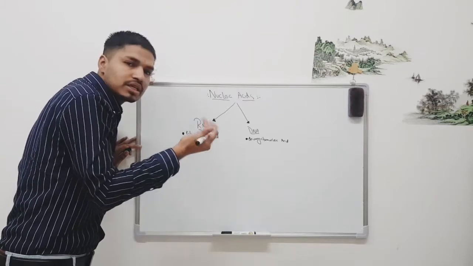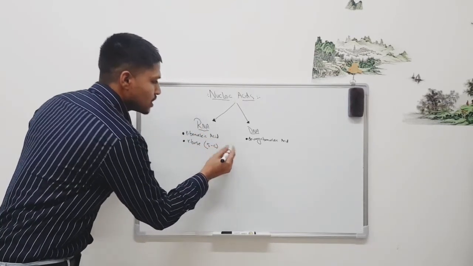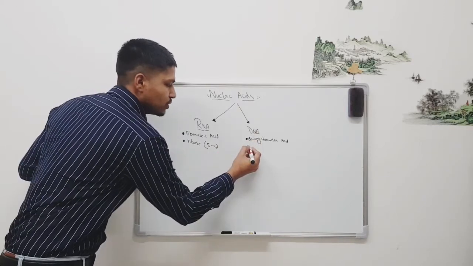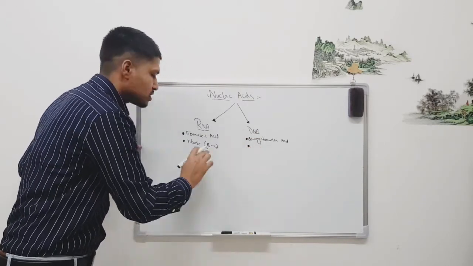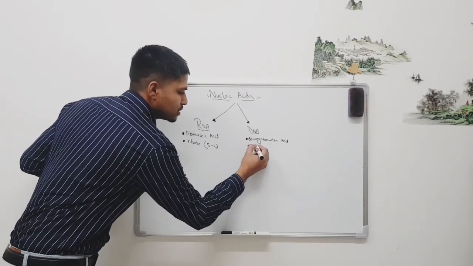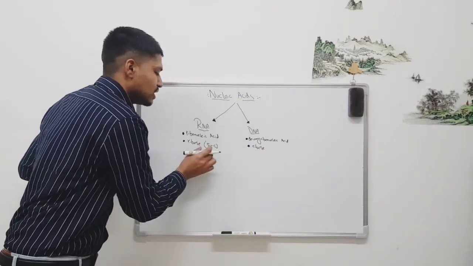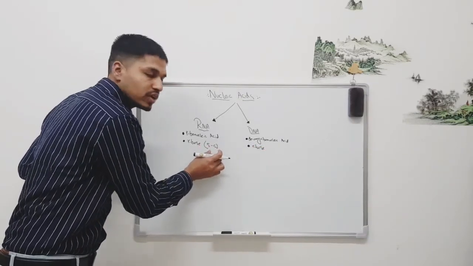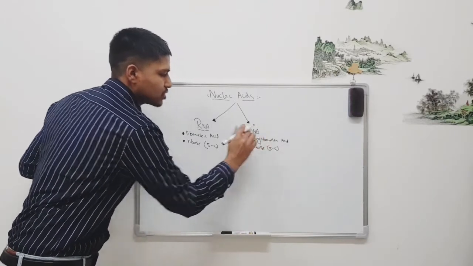Pentose means it's basically a 5-carbon ring structure. In the DNA molecule the sugar is also a 5-carbon ring structure.